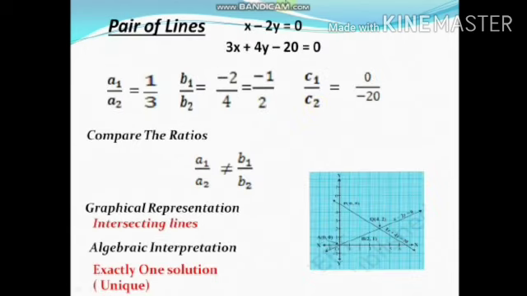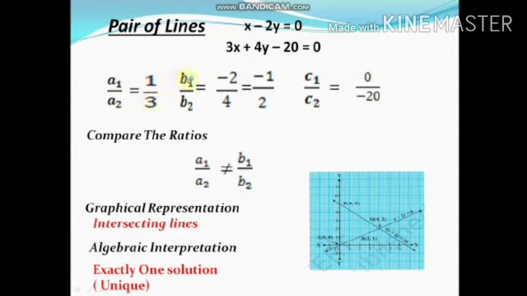Let us take again that example, x minus 2y equals 0 and 3x plus 4y minus 20 equals 0, that we already took at the time of algebraic representation. Here first we will find the ratio of a1 upon a2. The value of a1 is 1 and the value of a2 is 3, so the ratio of a1 upon a2 will be 1 upon 3.